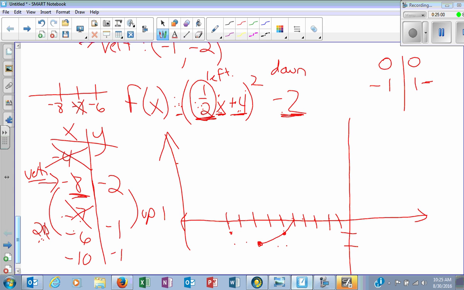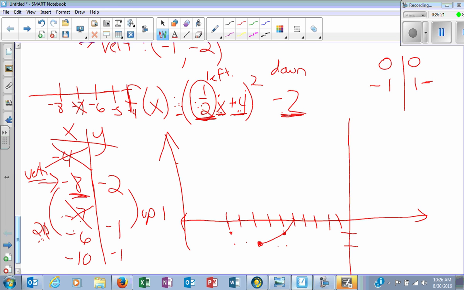So it would be -1. Those two are mirrors of each other. Yes or no? What would be my next point that I would try? Would I try -5? No. Would I try -4? And I'd plug that in, figure out what my y is. And then I could mirror that point. Does everybody understand how to graph these?